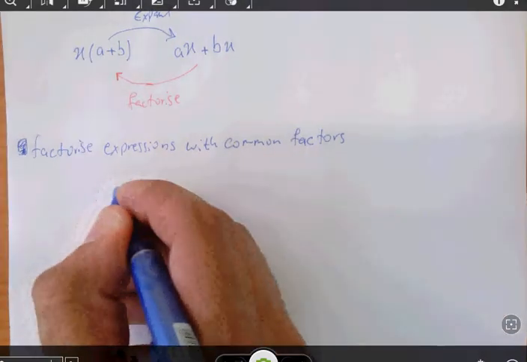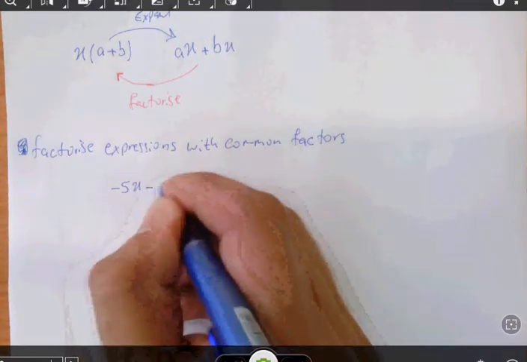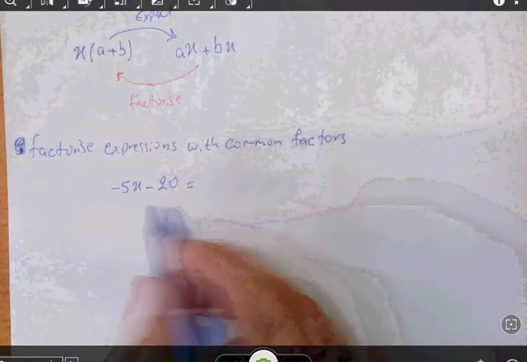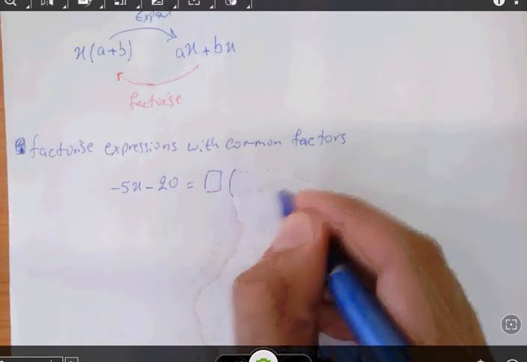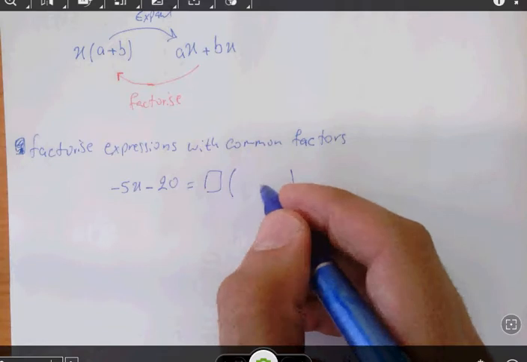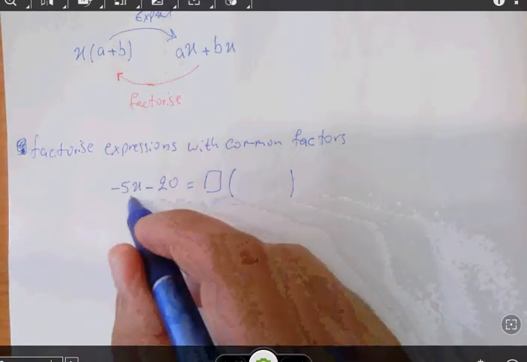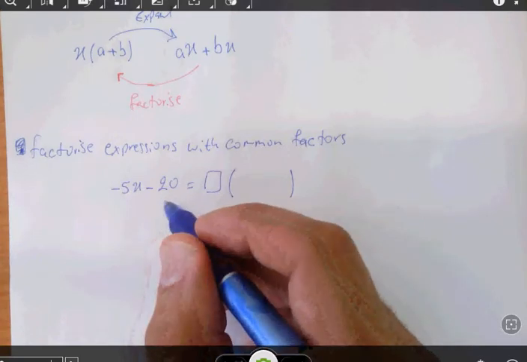I'll give you an example. If we have minus 5x and minus 20, I want to write them in a form of something times something, and then either plus or minus in the middle, right? I'm factorizing this. So what is the common factor of negative 5x and negative 20? 5.